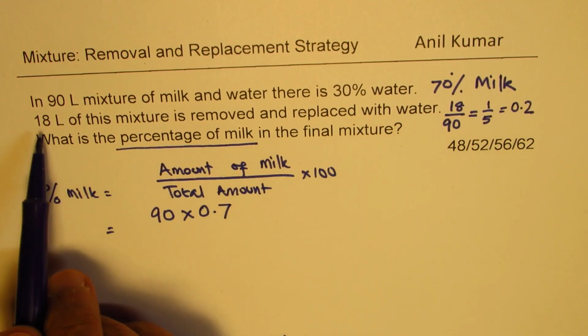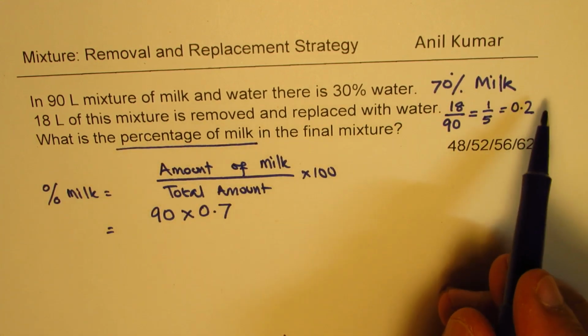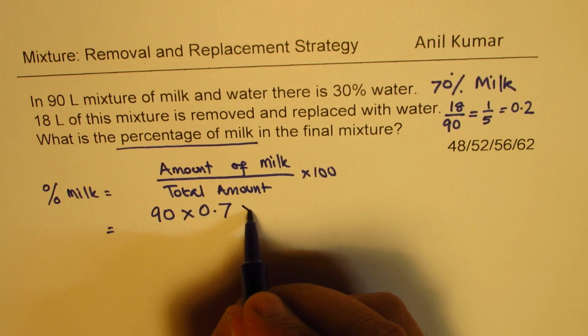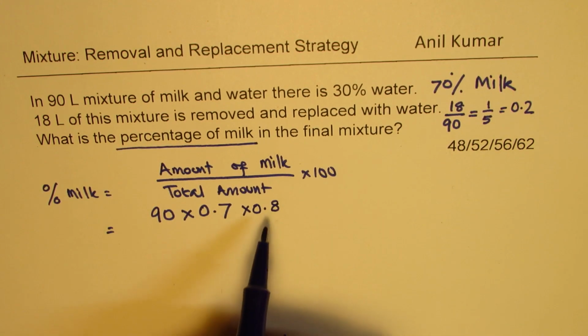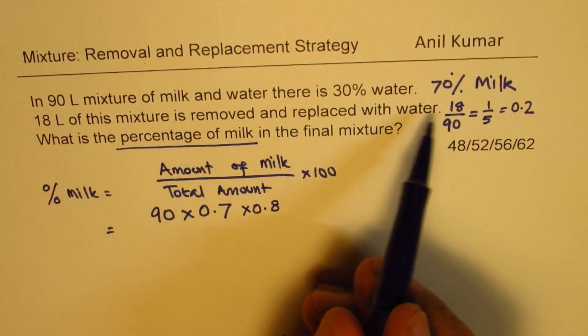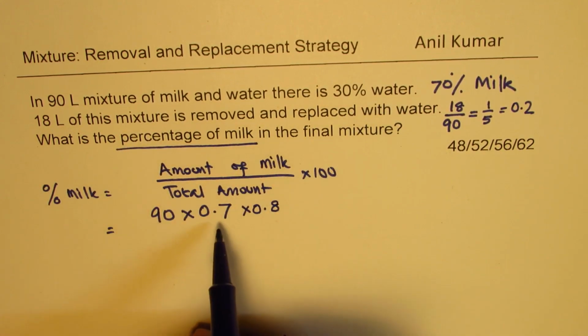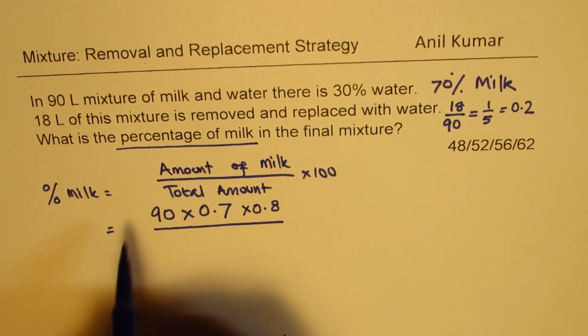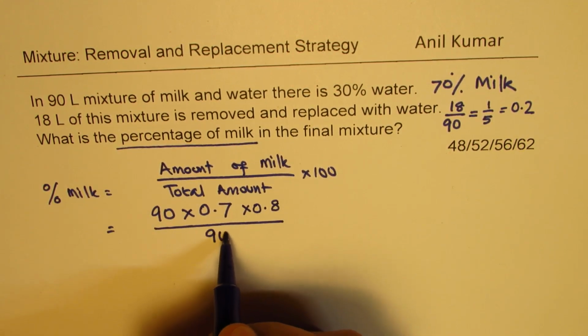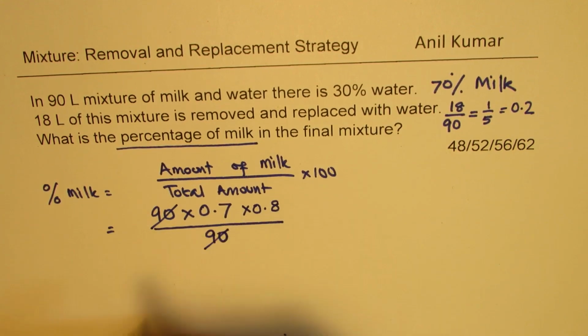So 0.2 is removed. So what remains is 0.8. So we'll multiply by 0.8 since we want what remains. And then 18 liters of water is added. So the quantity is full 90. So total amount of mixture is still 90. Do you see that? So now we can cancel 90 and 90.